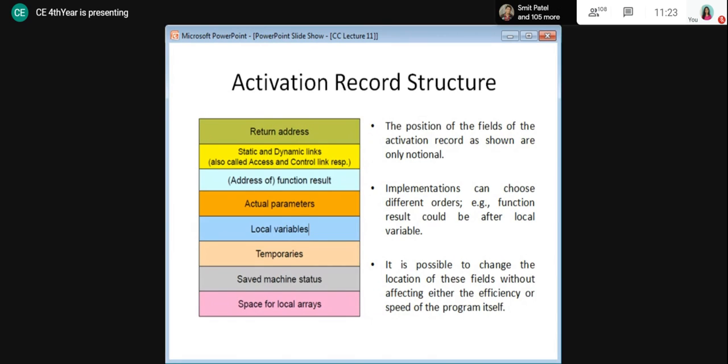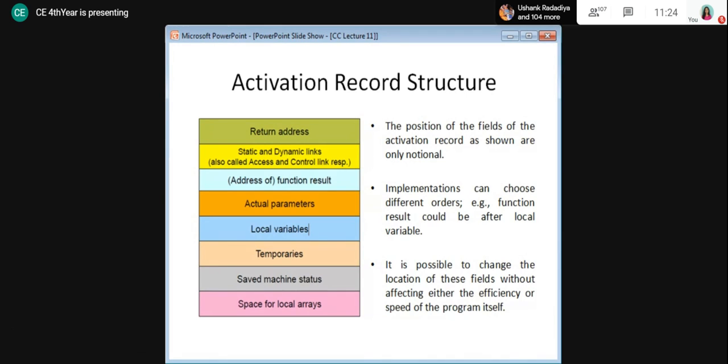It is also possible that here we have put the local arrays. They may be combined with the local variables, or combined with the actual parameters. That may also be possible. So it depends on the implementation. What it focuses on is that we try to keep those things at the end which may get expanded.